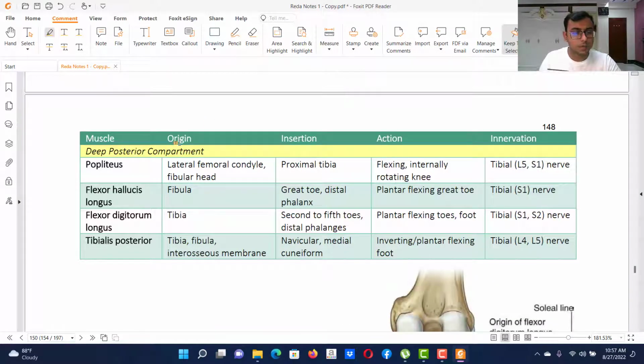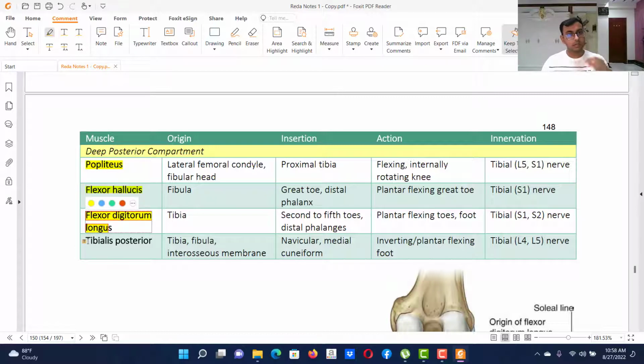Now the deep posterior compartment. The deep posterior compartment has the popliteus, one of the important muscles, and the flexor hallucis longus. The anterior compartment was the extensor compartment; now the posterior deep part is also called the flexor compartment. Flexor hallucis longus, flexor digitorum longus.